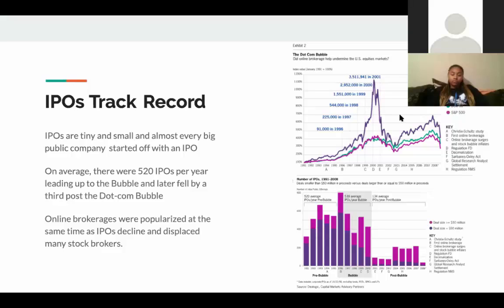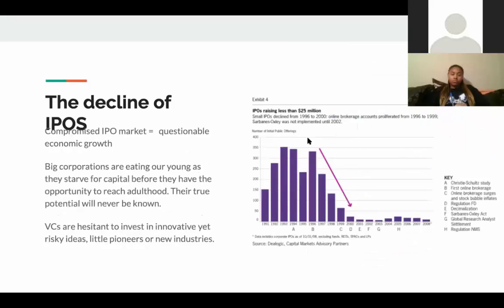And so what ended up actually happening, if you look here, is that with less IPOs joining the market, it leads to the question of what economic growth is going to be like, because there's no new companies to invest in. And so these big companies kept buying out these smaller companies, or just completely destroying them as far as competition.